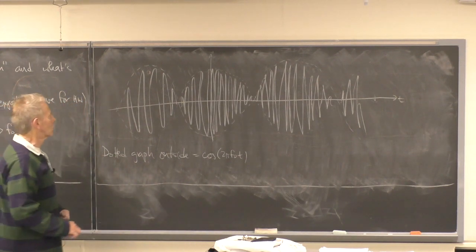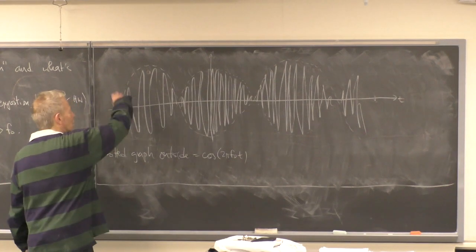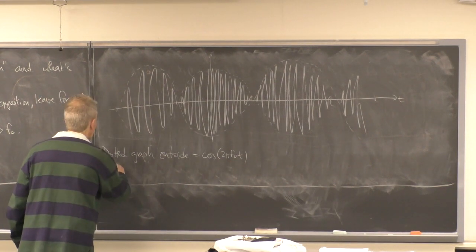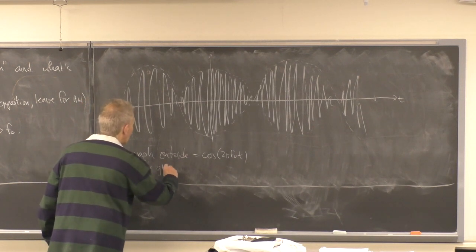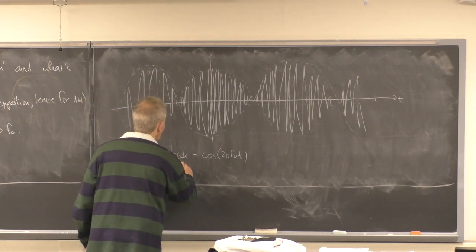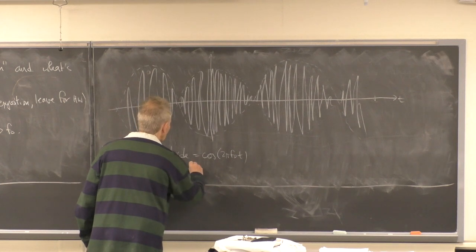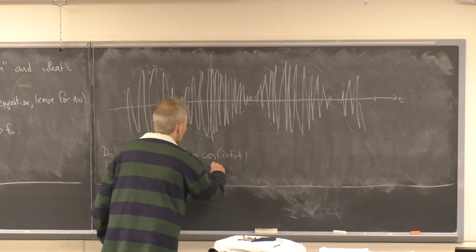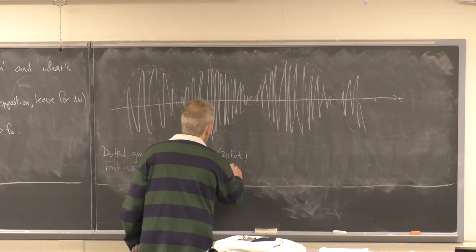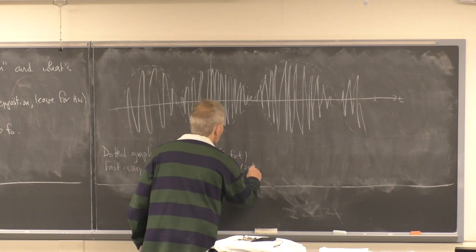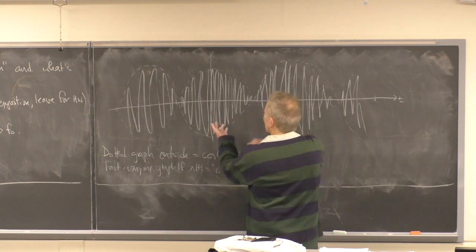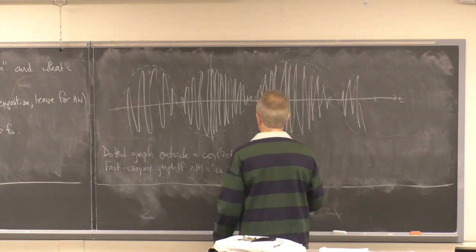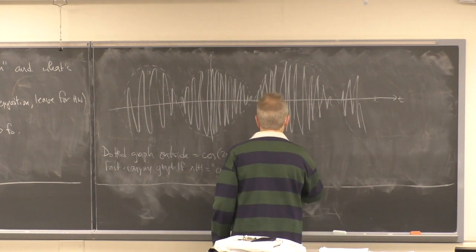And the fast varying graph of x of t itself is going to be, quote unquote, a cosine of 2 pi f1 t whose amplitude gets governed by the cosine of 2 pi f0 t.